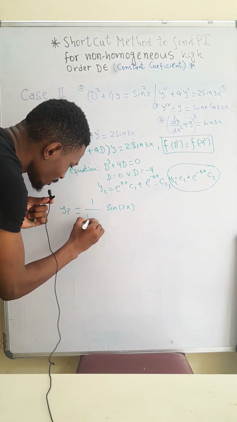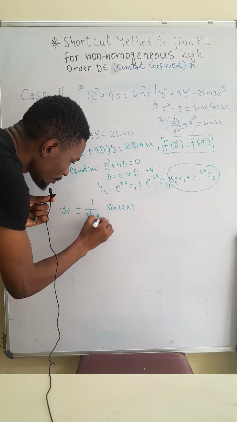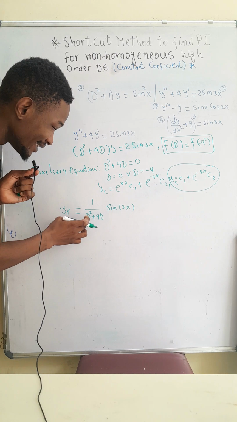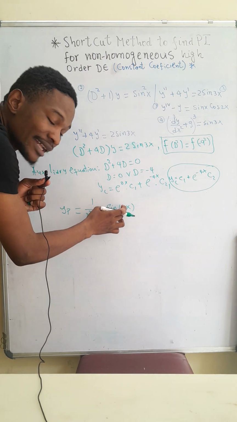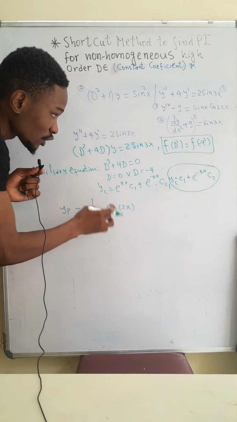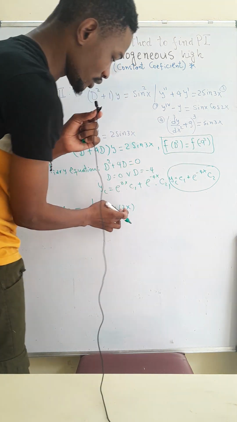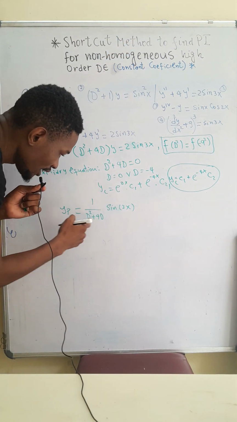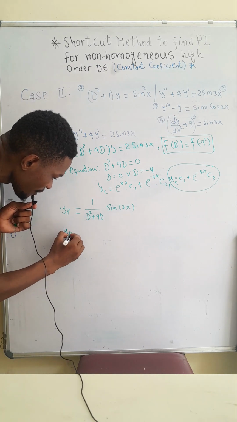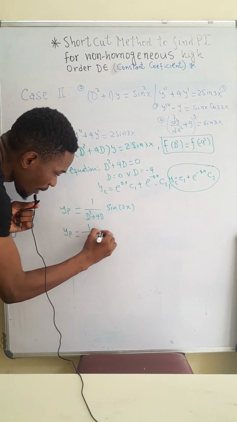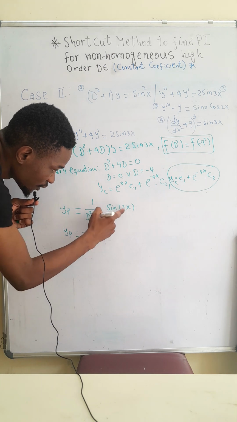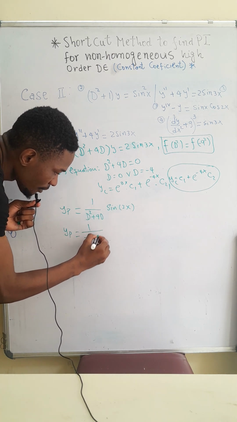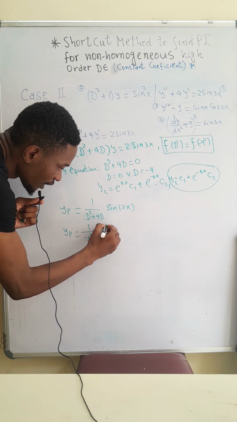Where you find d squared, you will substitute minus a squared, where a here is 3, so minus 3 squared. So yp will be equal to 1 upon minus 3 squared plus 4d, times sinus of 3x.